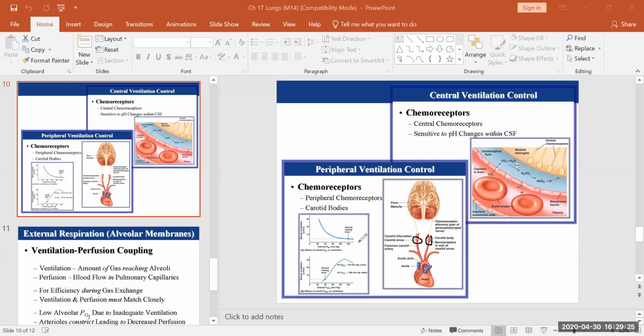Now, what is amazing is when we talk about the body being sensitive to CO2, there's a catch to that statement. The catch is when you look at the central nervous system, the cerebrospinal fluid, the CSF.